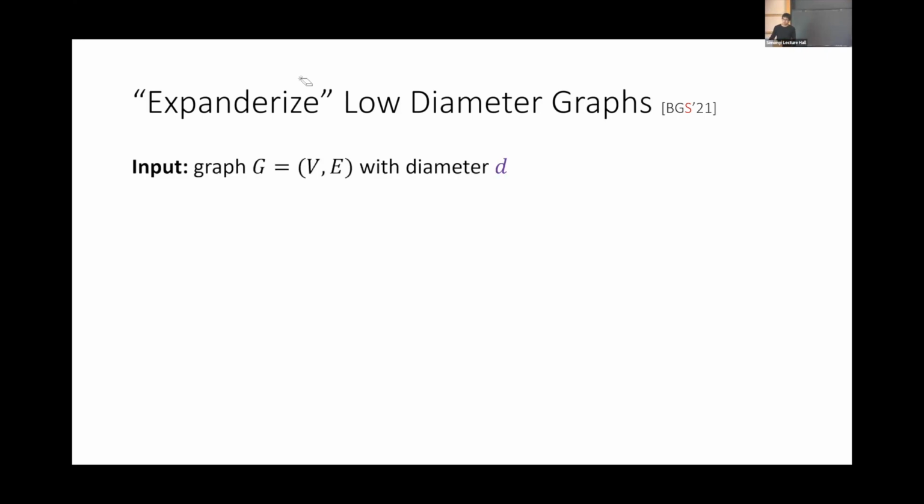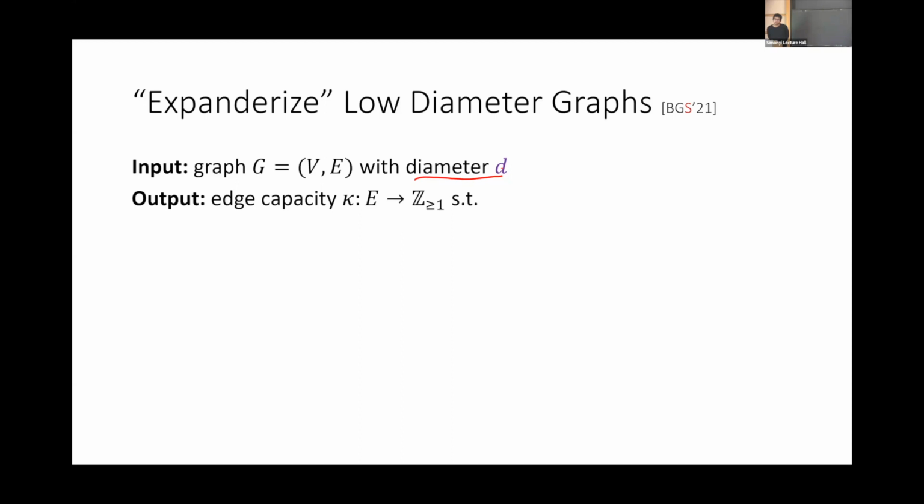So imagine that you have a graph with low diameter, meaning that every node can reach every node within a distance d. So the maximum shortest path is d between any pair of nodes.